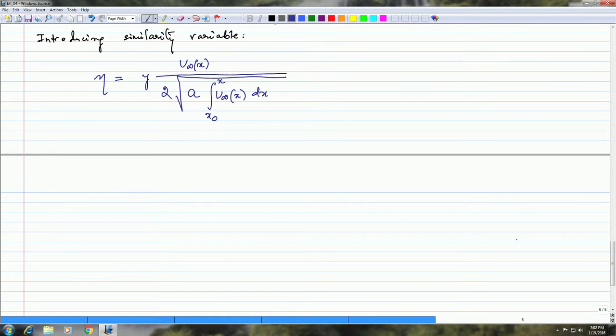Now, what we will do is draw this. Say I got a flat plate like this. I really don't know how to draw straight lines anymore.